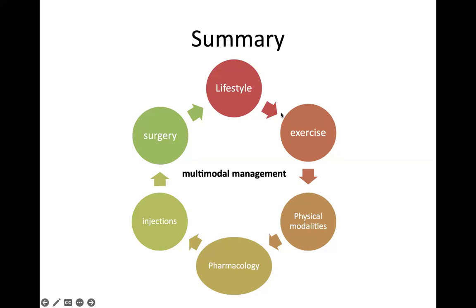In this case, you can combine the management. You can give corticosteroid, then follow up with a genicular nerve block, and then continue giving the steroid injection, but you will increase the space between the injections, which is a good idea, I think.